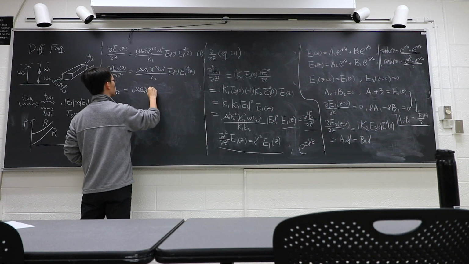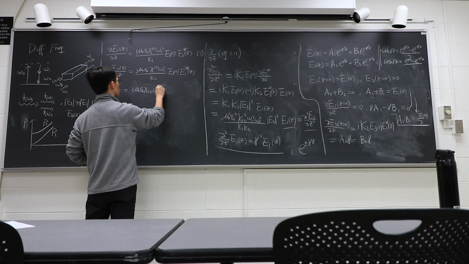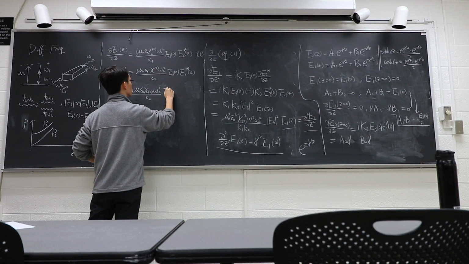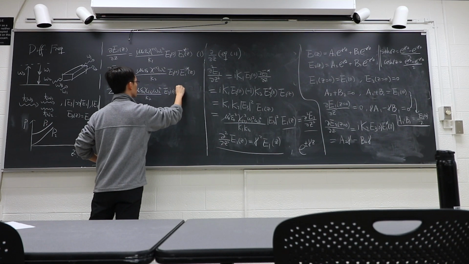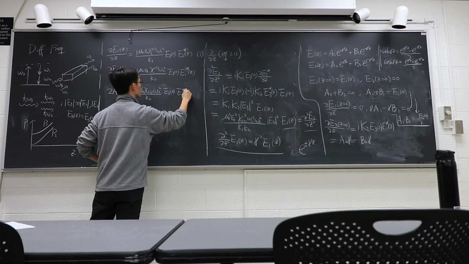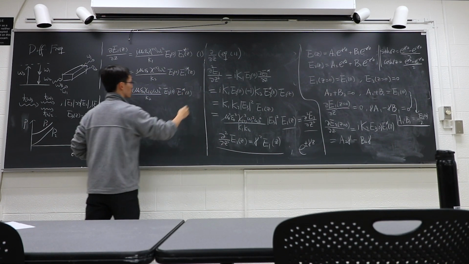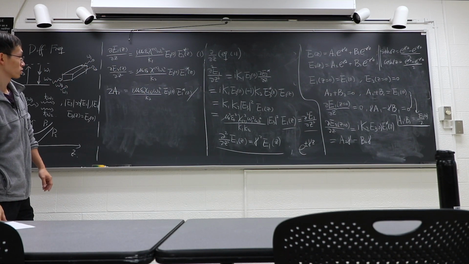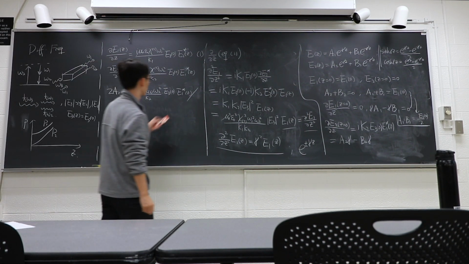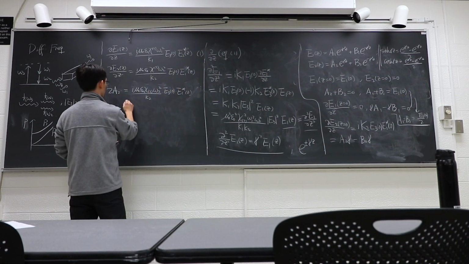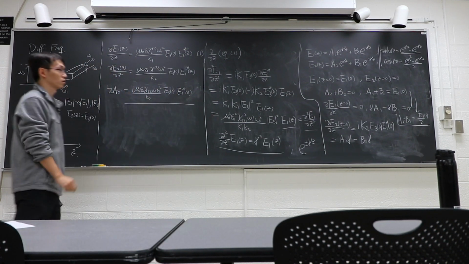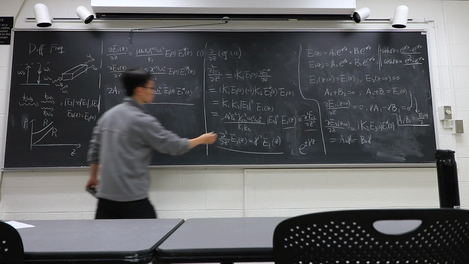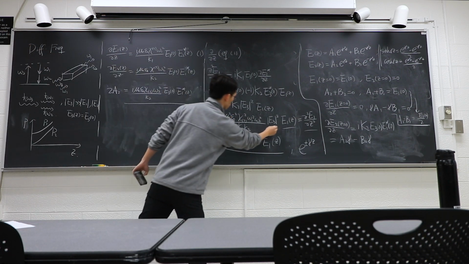Pi 2 omega 2 squared K2 E3, divided by gamma. Gamma is the square root of this, including E3.